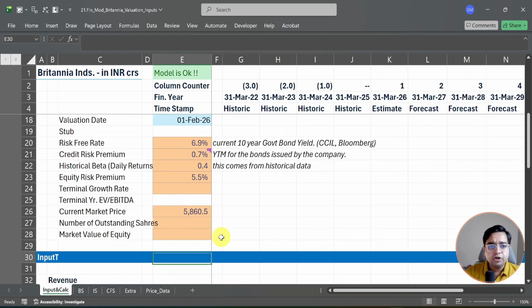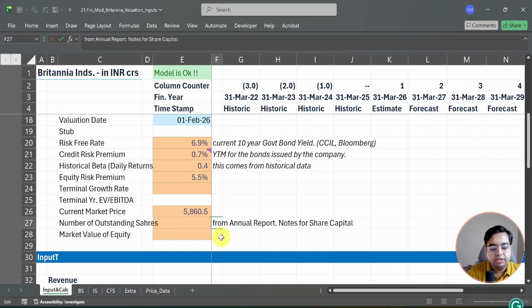5860.50. For the number of outstanding shares, this is going to come from the annual report. So refer to the annual report of the company. You need to go to notes for share capital, which is mentioned in the balance sheet. I already have a number.